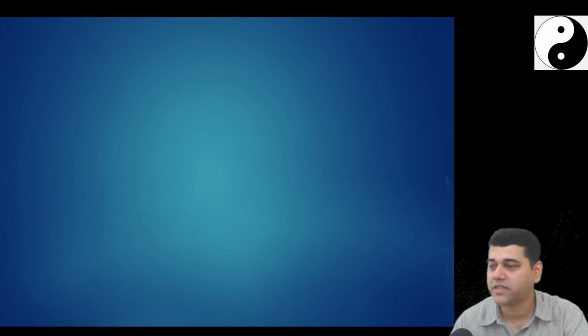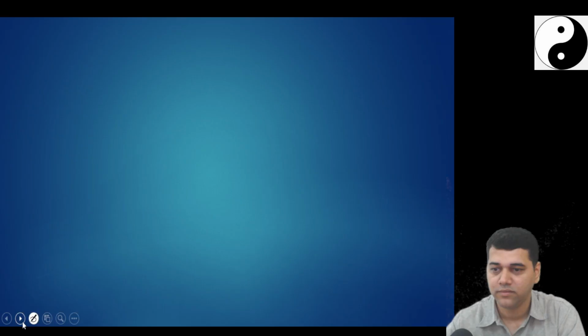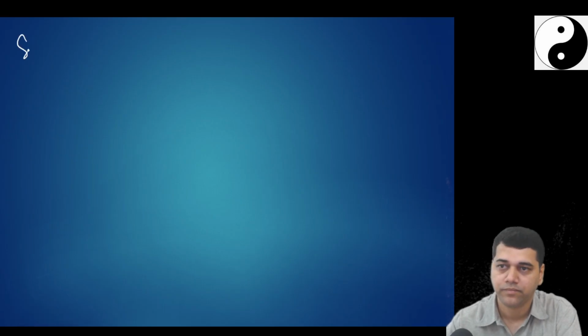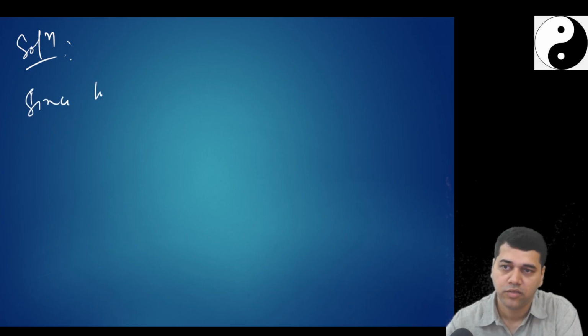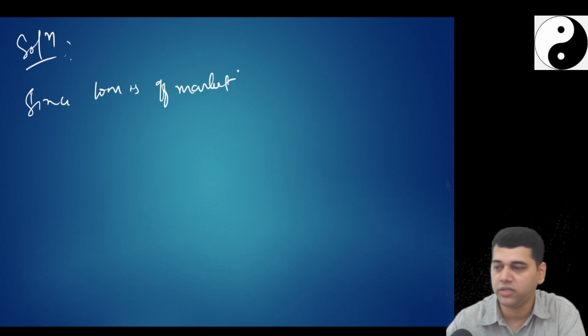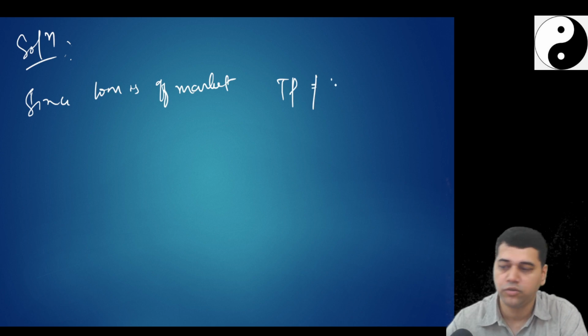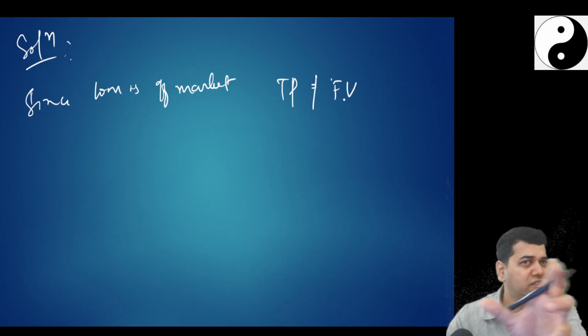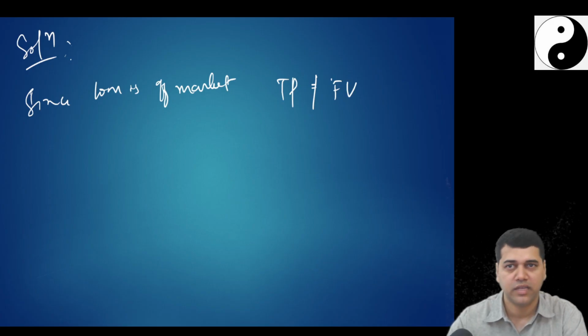Okay. So first write the solution. Since the loan is off market, which they have given in the question only, transaction price will not be equal to fair value. Okay, I'll write in one single short sentence like this.